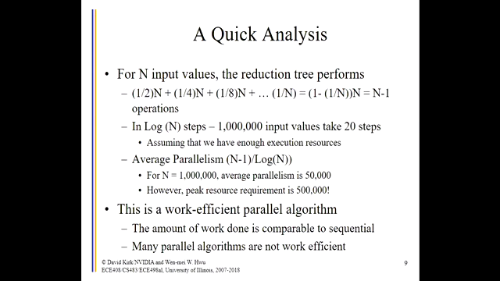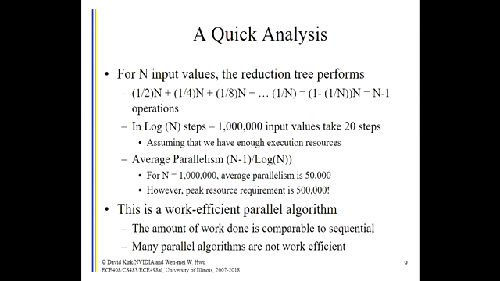But if you look at the average number of parallel operations across all the steps, the average is only 50,000. What that means is that we're really over-provisioning the first step. We need 500,000 threads all operating at the same time in order to process the million elements into 500,000 elements ready for the second step.